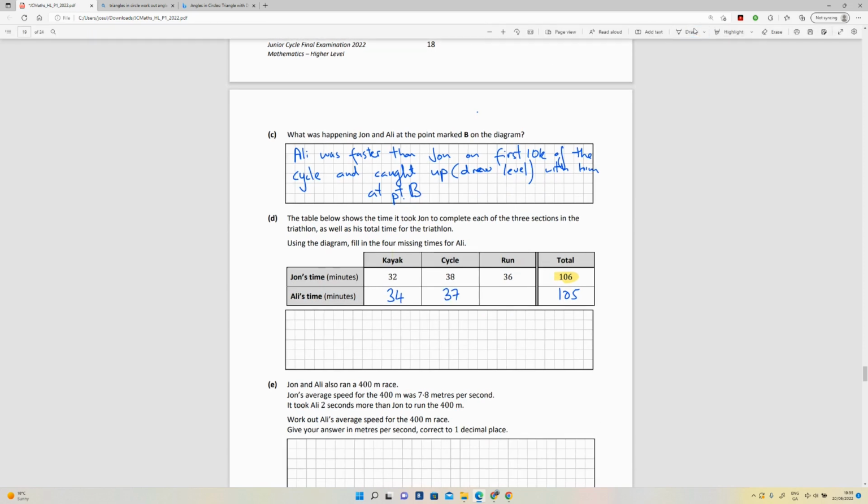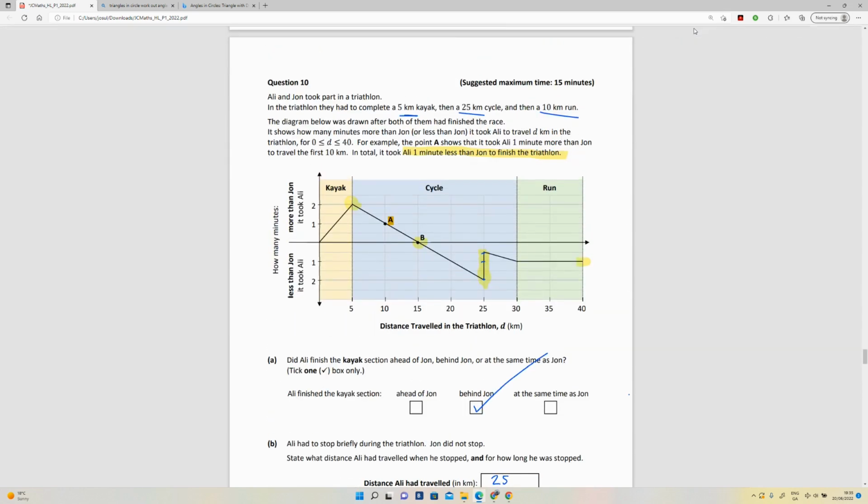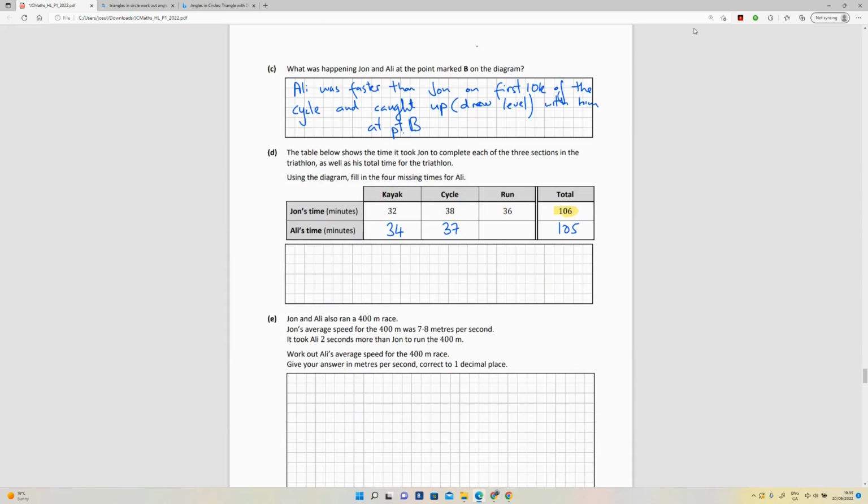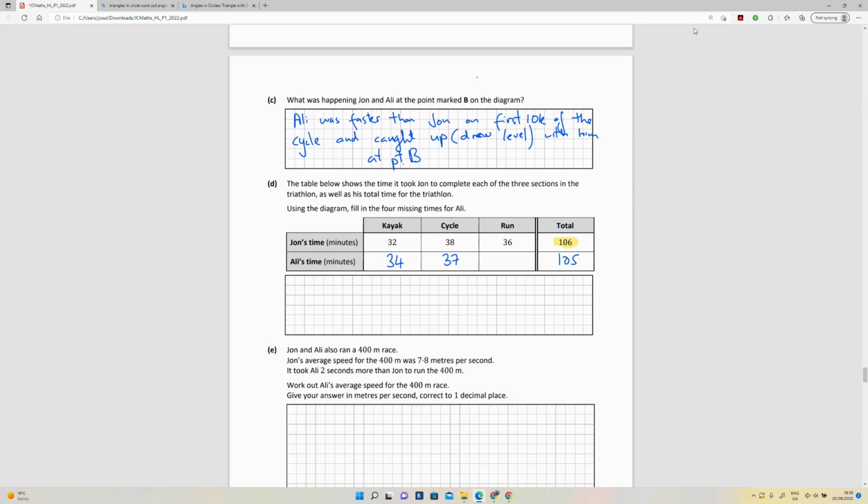And then if you look at the run, what you'll notice is Ali was a minute ahead of John at the end of the cycle, but he maintained that minute the whole way during the run. So he gained a minute after 5 and he gained another minute after the final 5K of the run, which means he gained 2 minutes more on the run.